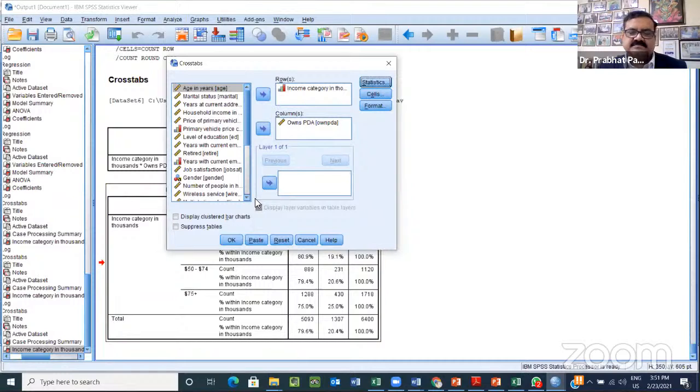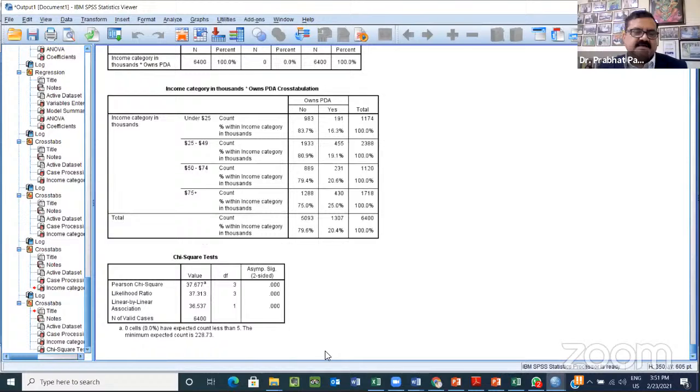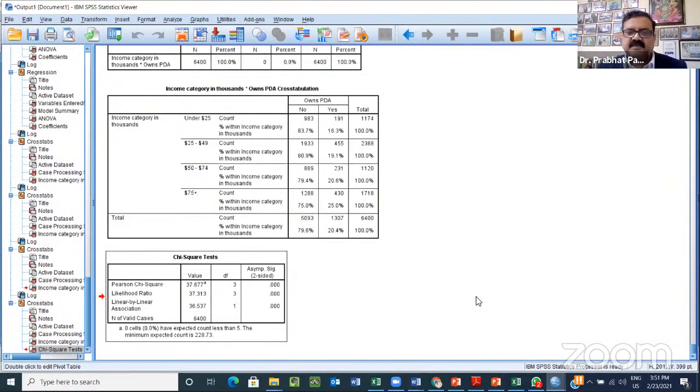That's as simple as it is. And then you get the chi-square table here, right? So you say Pearson chi-square is significant. Likelihood ratio is calculated based on the likelihood method. Linear by linear association is irrelevant because there is no correlation that can be established. So it's a spurious one. So we have to look at the first one, which is Pearson chi-square.